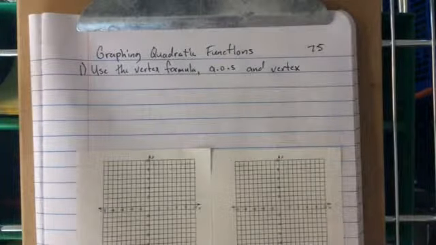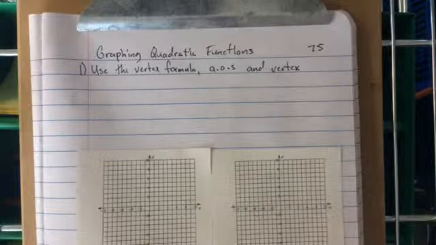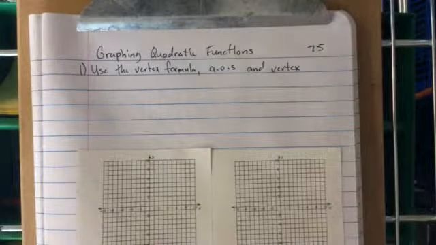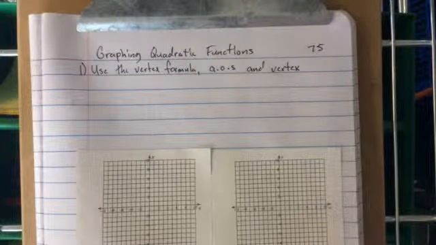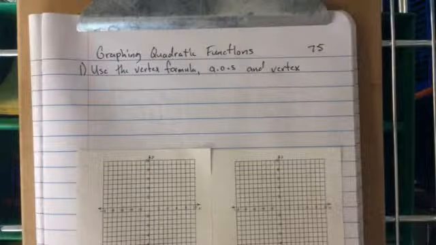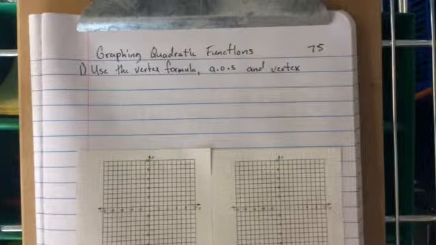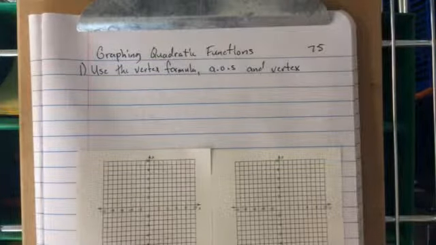Who remembers what the vertex formula is? It's written probably on the left side of the paper if you have your book completely open. So who remembers the vertex formula? I currently have one person who remembers it. Desiree, what is it?